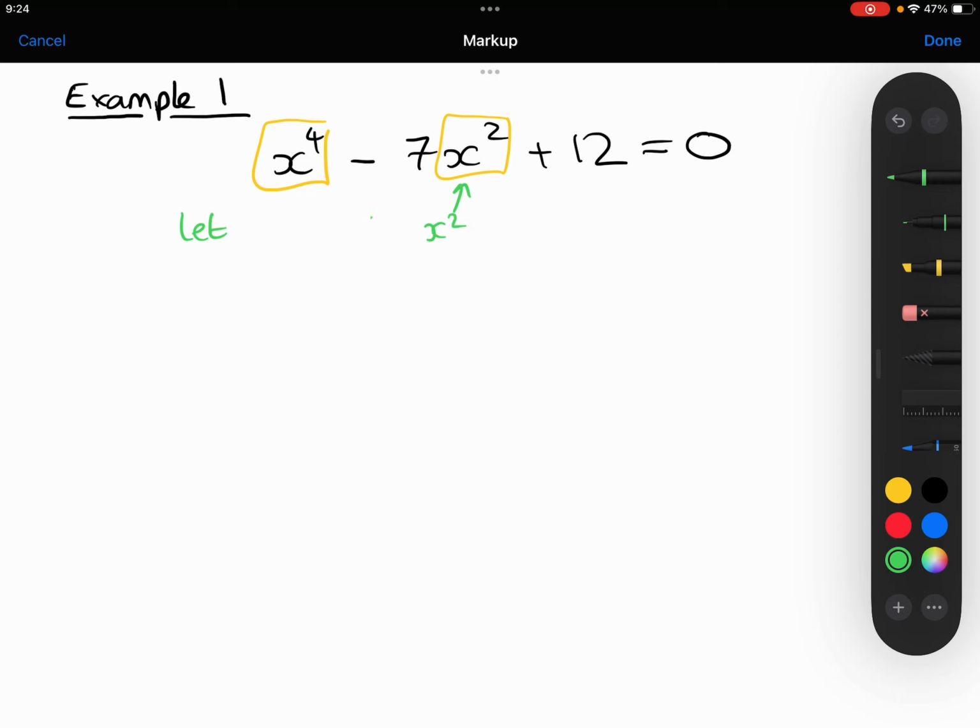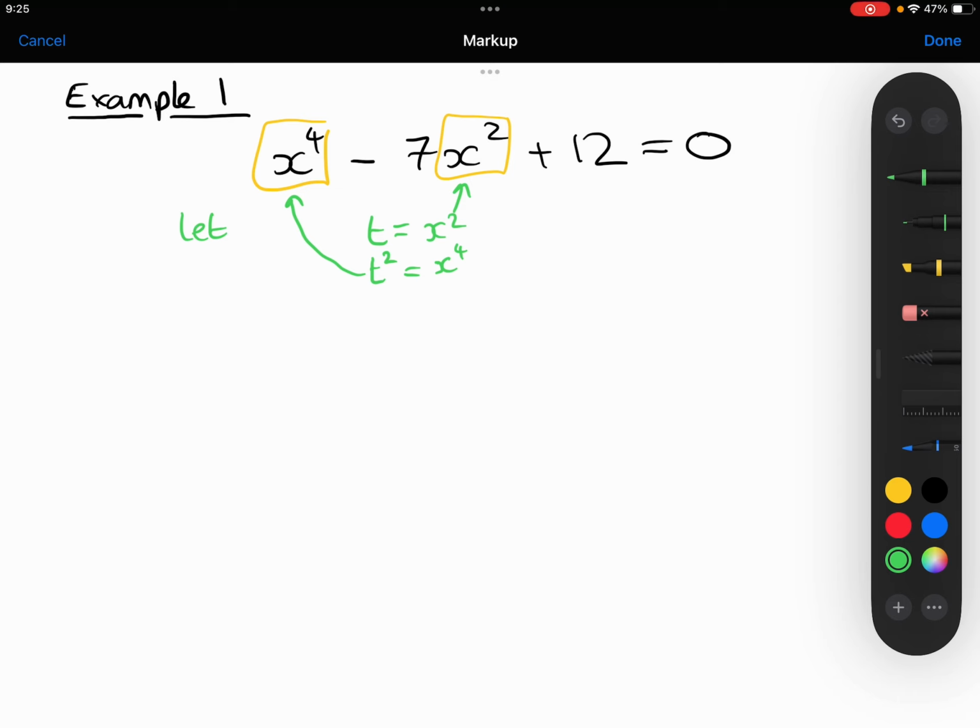I'm going to call it t for now. You can call it whatever you want, it doesn't matter. I'm going to say that t is x squared. And then I know that if I square t, I would have x squared squared, which is x to the power 4, which I'm going to substitute in here.